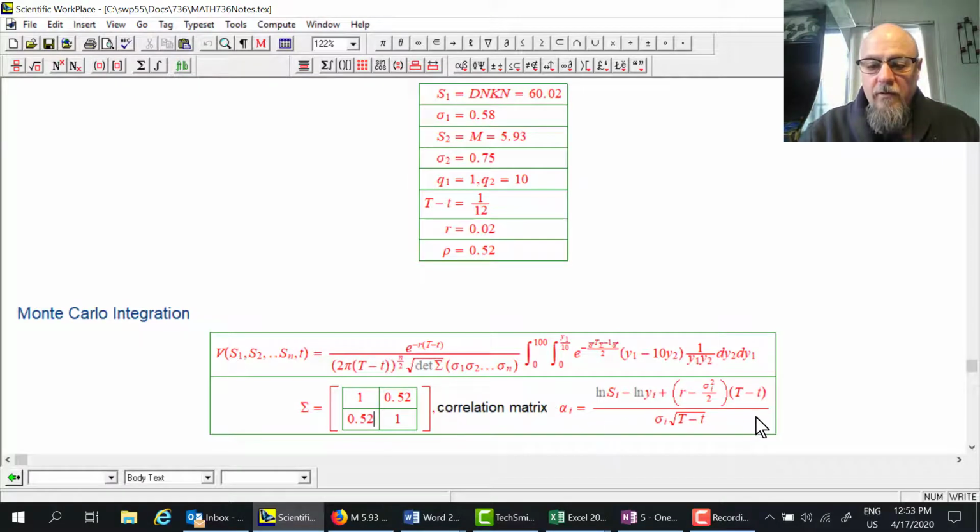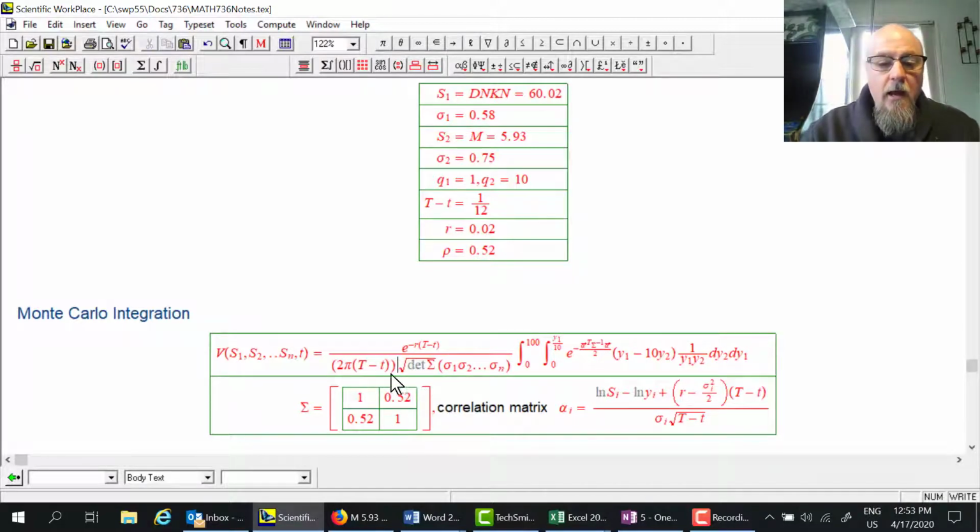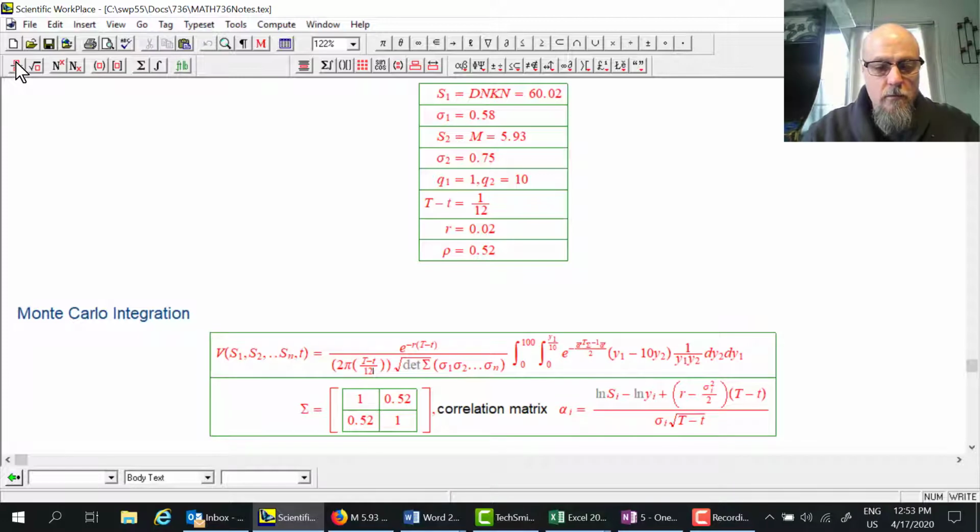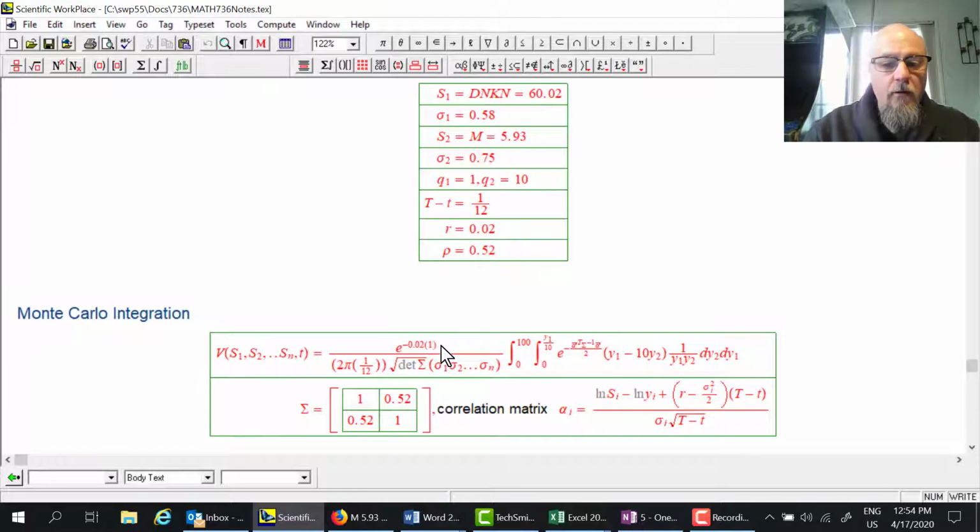We've got our alphas. Let's put our 2 alphas in. Now n is equal to 2, so 2 over 2 is just a 1. We can get rid of that. Time left, that's a 12th. Interest rate, we made that 0.02.